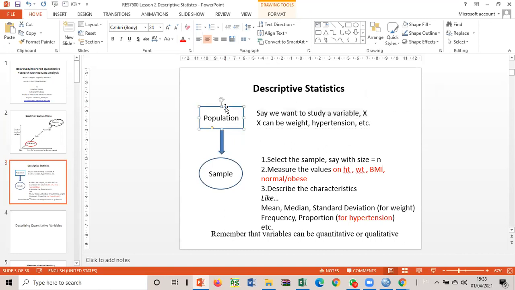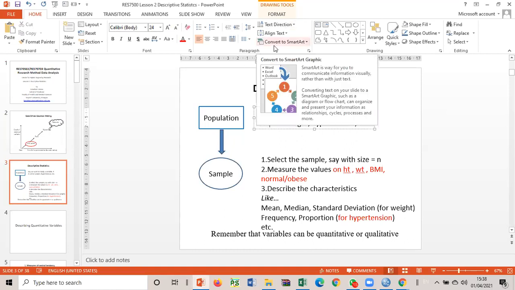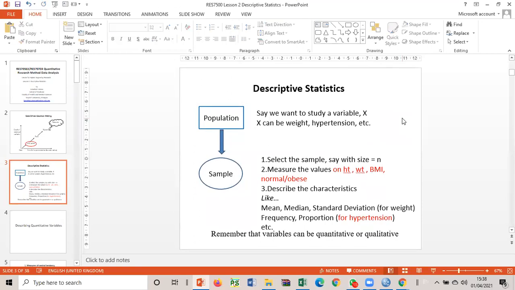Now, can some of you share what you're studying? Anyone? Your area of research? The level of persistence in year 3 students. Persistence among students. Okay. How do you measure persistence?